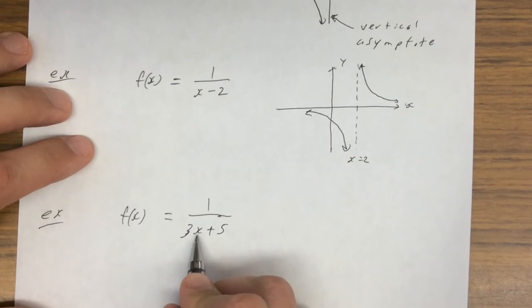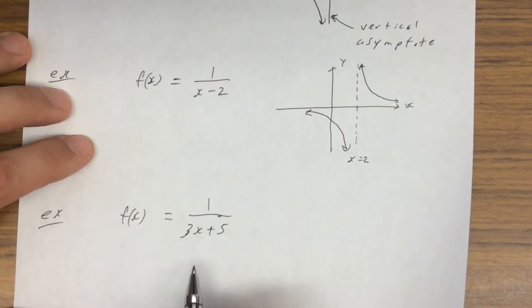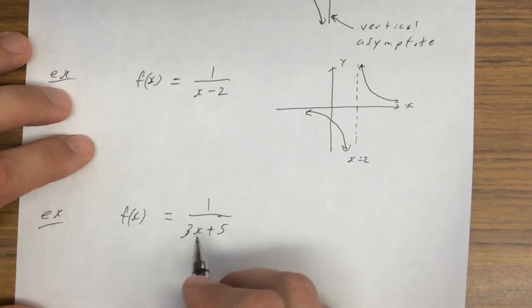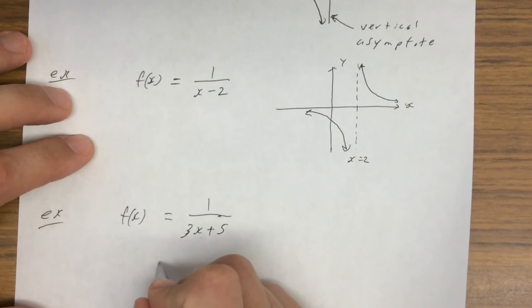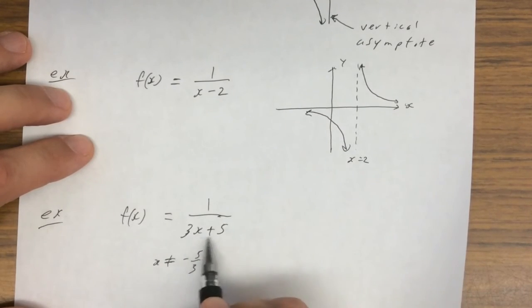What value would make the bottom 0 here? If you put in negative 5 over 3, the 3's cancel out, then the negative 5 plus 5 becomes 0. So it's always going to be the opposite sign of this, and then this over this, if you know how to solve linear equations. So x cannot equal negative 5 over 3, so the vertical asymptote is at negative 5 over 3.